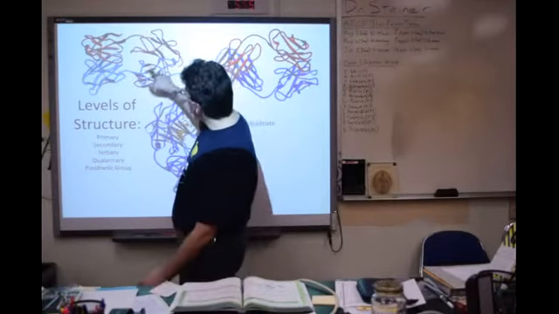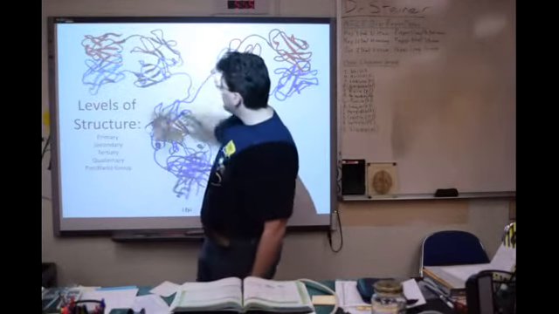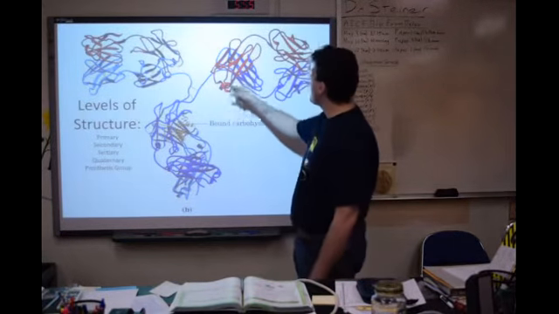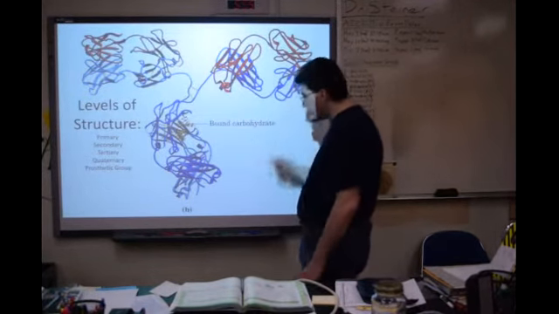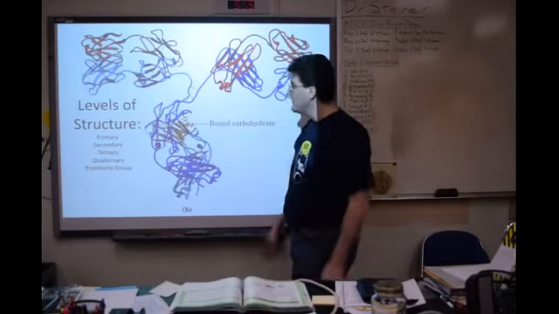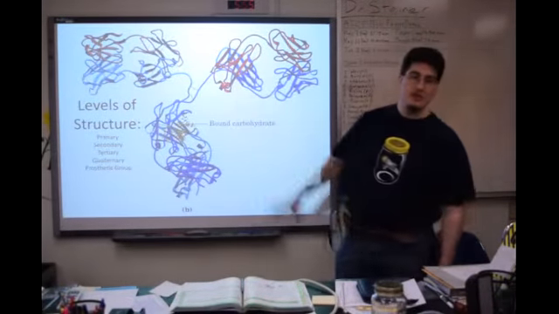And we can see here a beta-pleated sheet, here a beta-pleated sheet, there a beta-pleated sheet. There is an alpha helix there, and more alpha helices throughout. We see secondary structure.